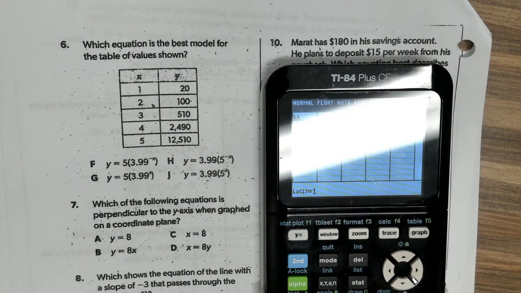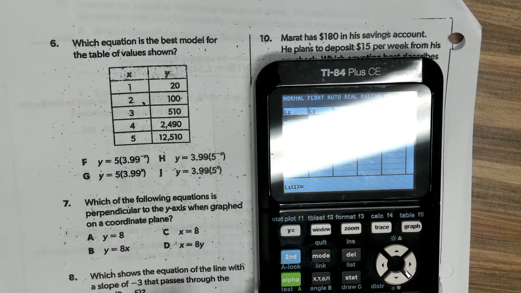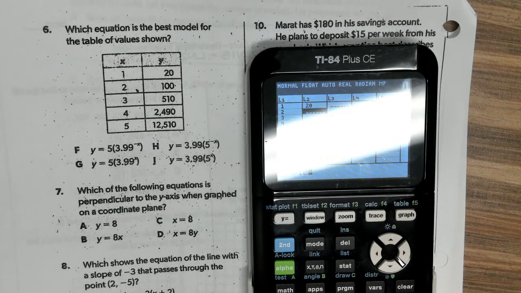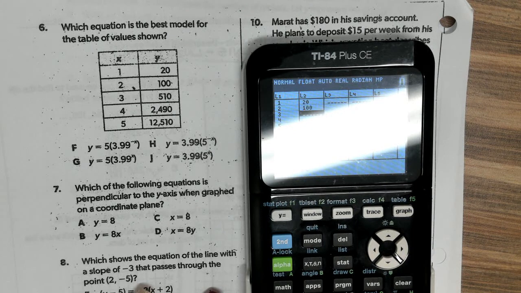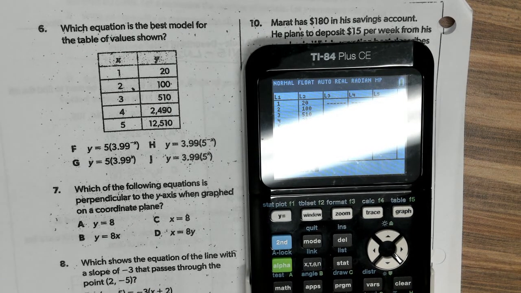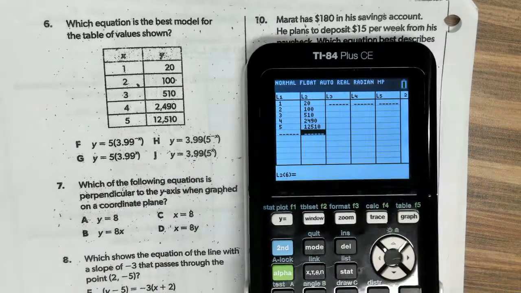So I went to stat, edit. And so 1, 2, 3, 4, 5, 20, 100, 510, 2490, 12, 5, 10. What kind of equations are these? Exponential.